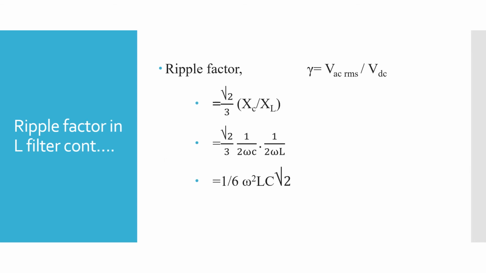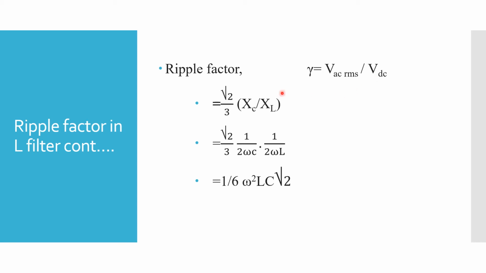Now we can have the equation for the ripple factor, and ripple factor is denoted by gamma. We have already seen in the video of rectifiers, and it is given by gamma is equal to V AC RMS by V DC.